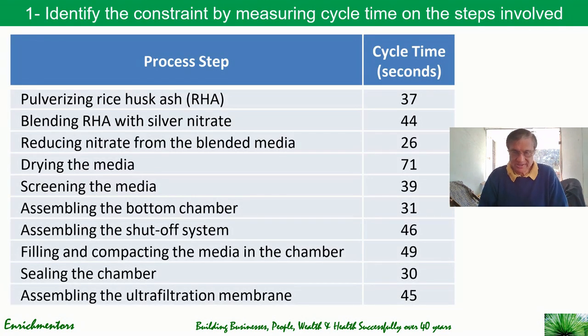So in the case of manufacturing the filter, measure the cycle time of each of the sub-processes, each of the steps of the process, like pulverizing the RHA, blending the RHA with silver nitrate, reducing nitrate with a blended media, etc., etc. And it was found that drying the media has the longest cycle time, and the longer the cycle time was, that meant longer it took to produce a unit quantity or a batch quantity, and that became the constraint, right?